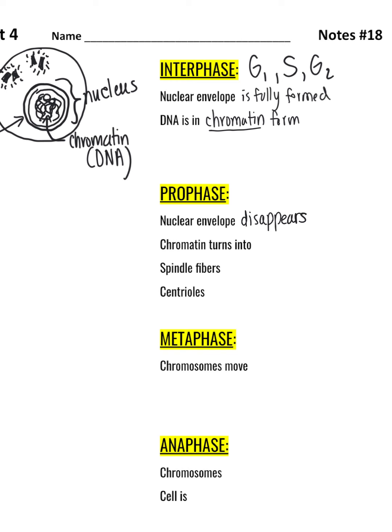And actually, the chromatin is going to be turning into chromosomes. The spindle fibers, which we're going to label, are going to elongate, get longer. And the centrioles move to the outside.